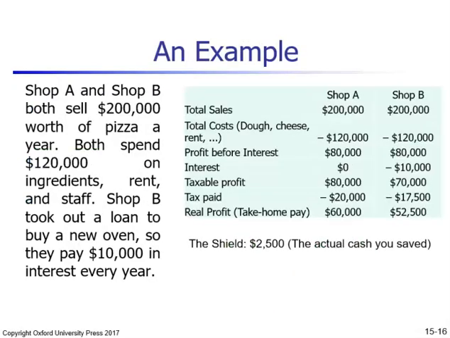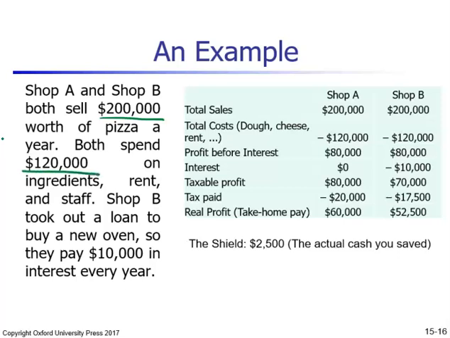Now I have a beautiful example for you that I'm sure you would love. Here we have two shops. They are pizza shops, and they both sell $200,000 of pizza per year. They are the same in that regard. And also the operating costs they have are the same for both of them, $120,000.